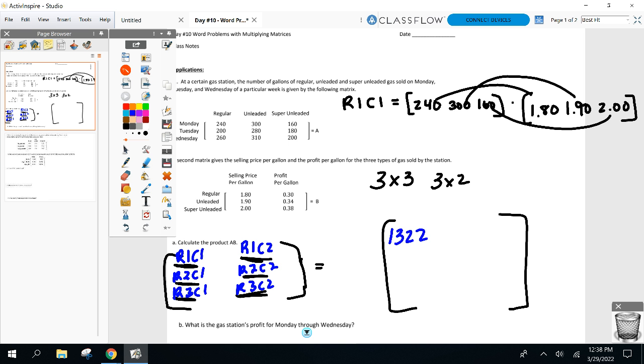All right, I'm going to get going here to write in the numbers, make sure we got the correct ones in here. So this first column, I got 1322, I got 1252, and I got 1457 for that first column.